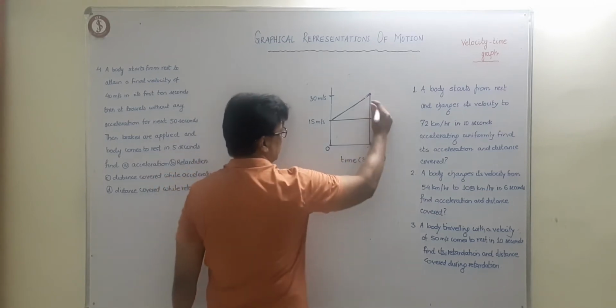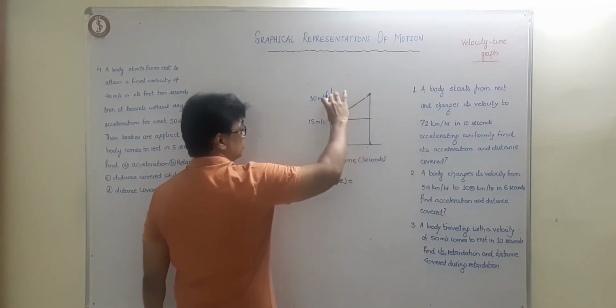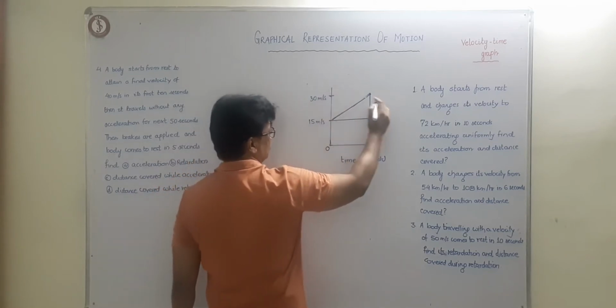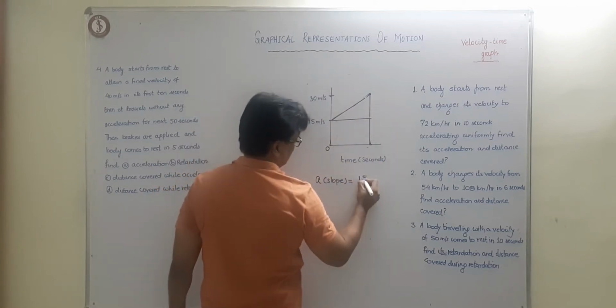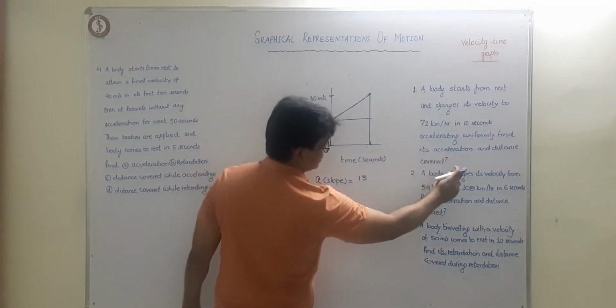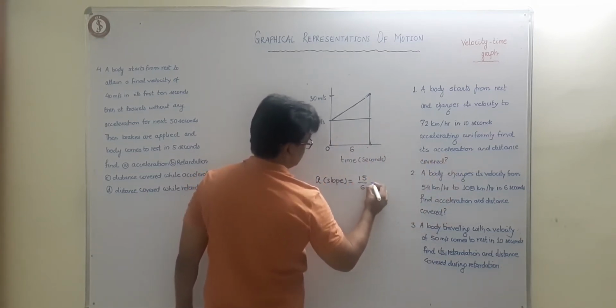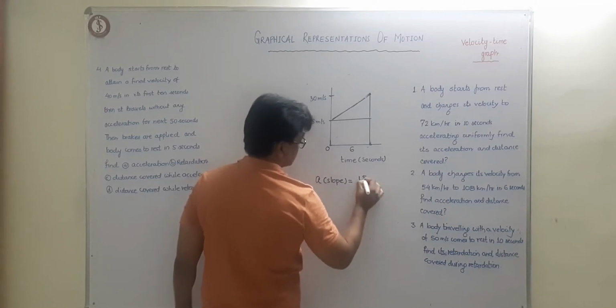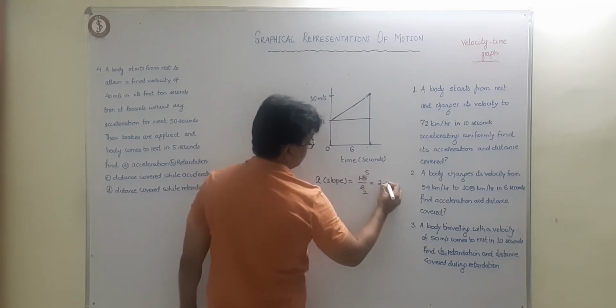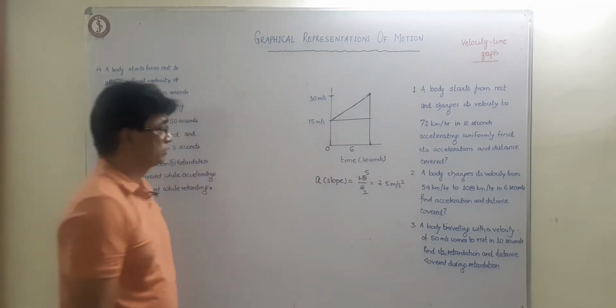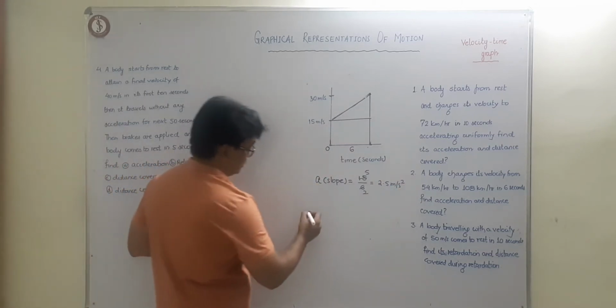So this part length we have to know. From here to here it's 15, from here to here it is 30. So 30 minus 15 is 15, and the time here is 6 seconds. So this is 2.5 meter per second square, the acceleration. And now distance covered is easy.